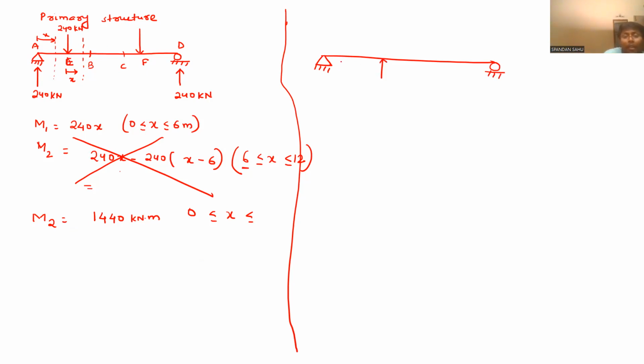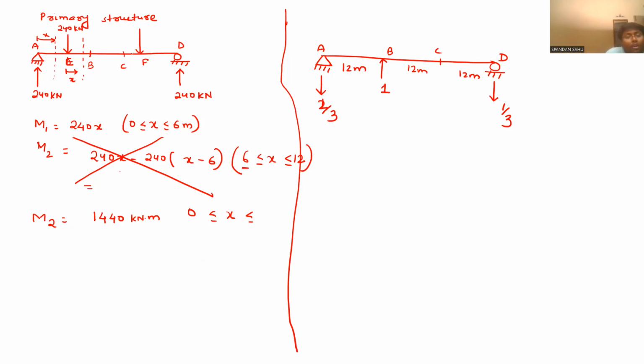At B you have to apply 1 unit load. When we apply 1 unit load here, the reaction will come downward, and it will be 2/3 and 1/3.